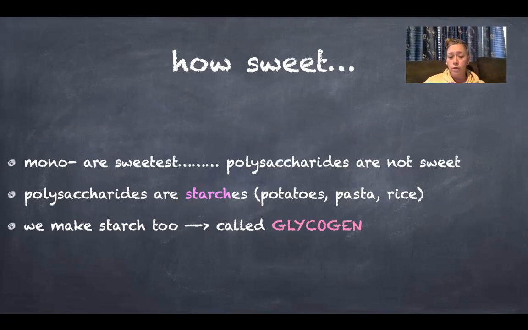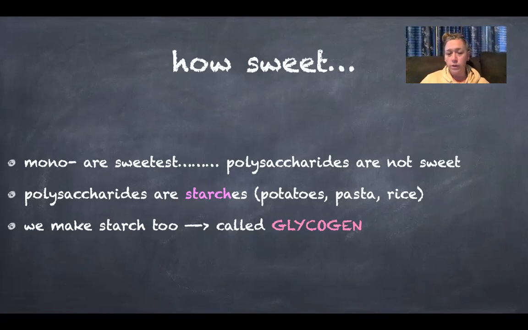We store sugar as starch called glycogen. We store that in our liver, and when we need energy, our liver releases the glycogen, and it breaks it back down into monosaccharides, glucose, so that our cells can use it for energy.